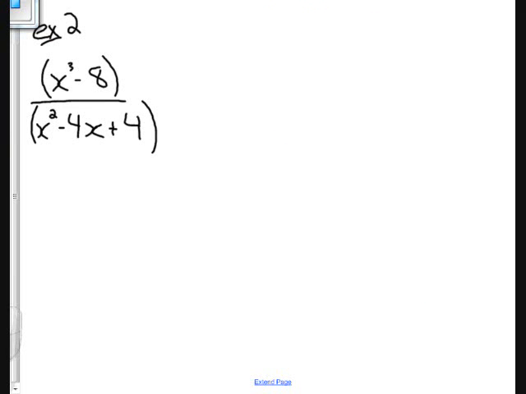Our second example. x cubed minus 8 all over x squared minus 4x plus 4. What we did last time.